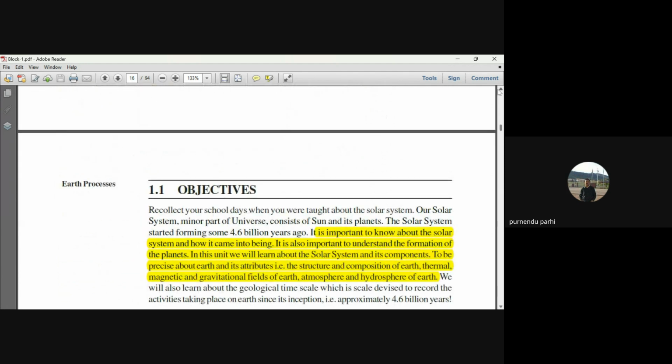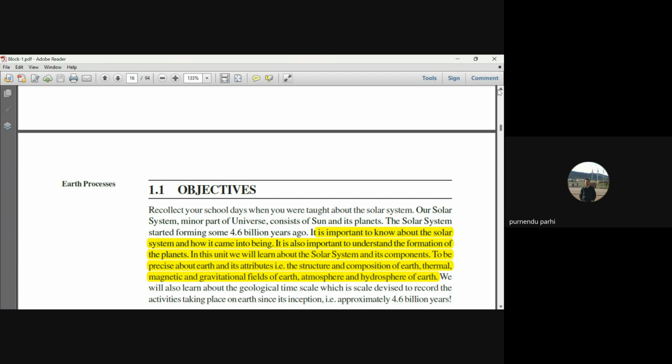It is important to know about the solar system and how it came into existence. It is also important to understand the formation of the planets. In this unit, we will learn about the solar system and its different components, how it formed with time, and how it evolved.